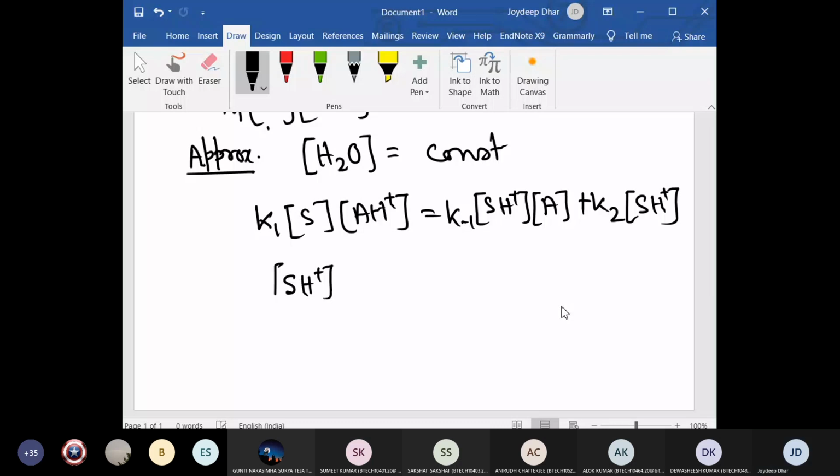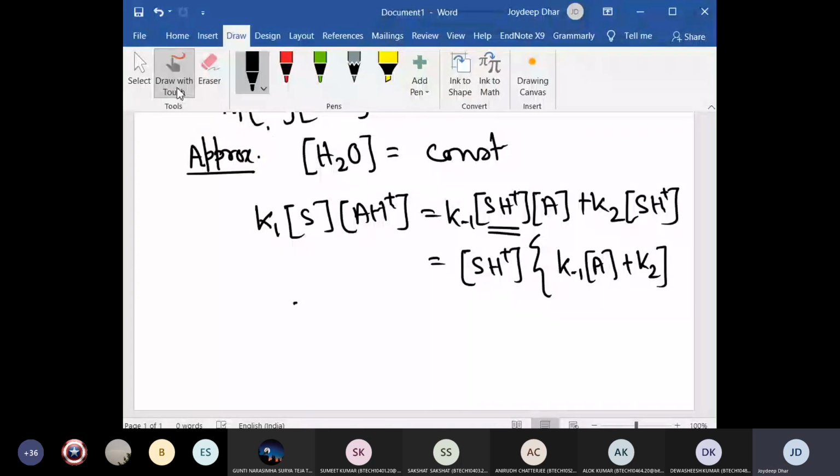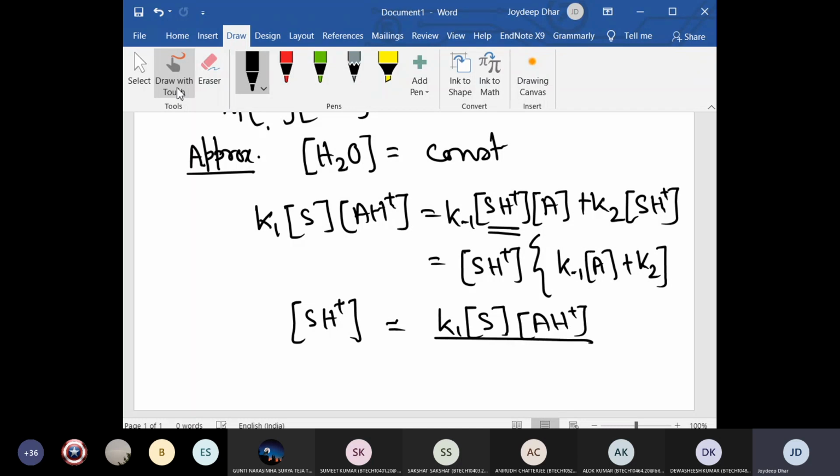I can take SH+ common in the next step, so SH+ will come out as K1 S AH+ divided by K minus 1 A plus K2. So now you have the equation.